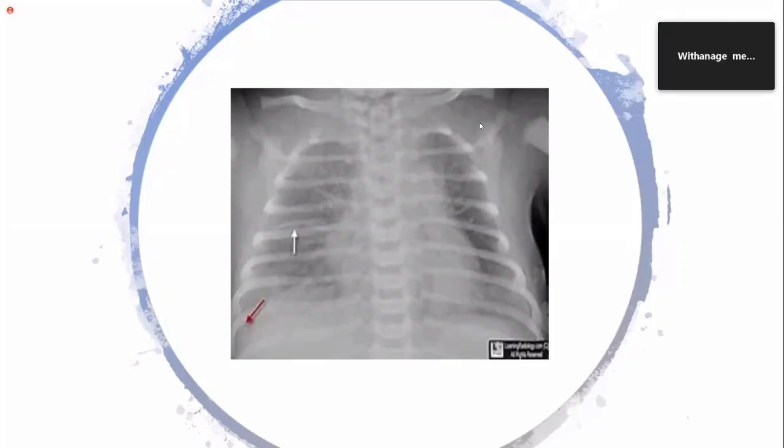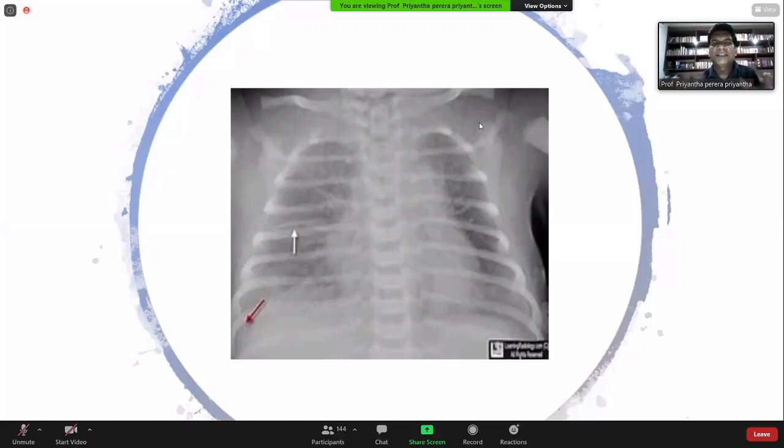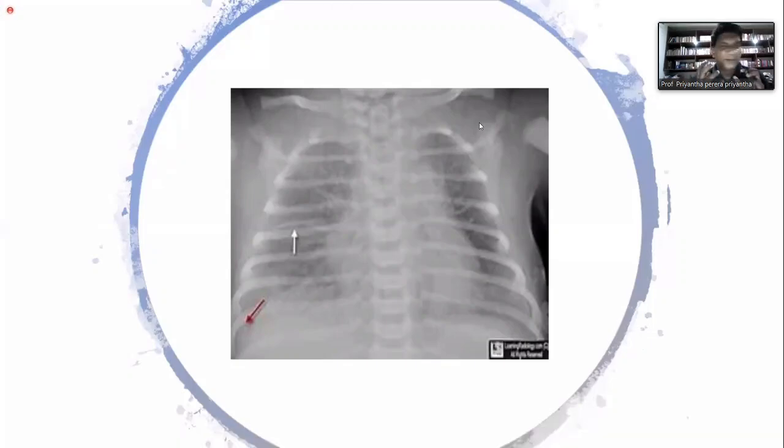So there's a delay in the absorption of the fluids in the lungs. Yeah. Right. So in the newborn baby, the lungs are filled with amniotic fluid, right? During normal birth, the alveoli get rid of the fluid and get expanded.